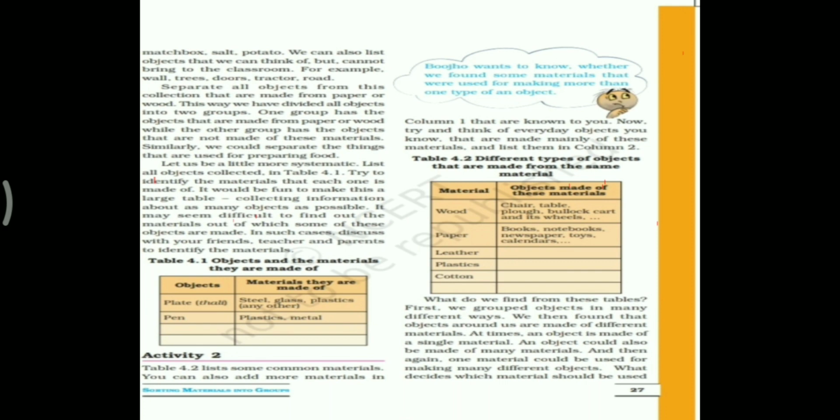And the grouping of the materials on the basis of their shape, size and color. We also know that a material is not made from only one thing. It can also be made from two materials. This we have discussed in today's class.